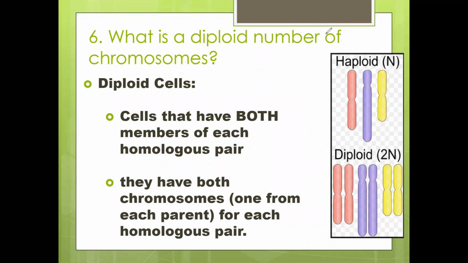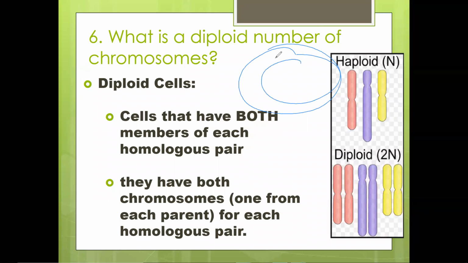The next thing we have to talk about is diploid versus haploid. Diploid cells are cells that have both members of each homologous pair. So in one cell, in the nucleus of that cell, you're going to have your chromosome 1s, your chromosome 2s, your chromosome 3s, and your chromosome 4s and 5s and 6 and so on and so forth.